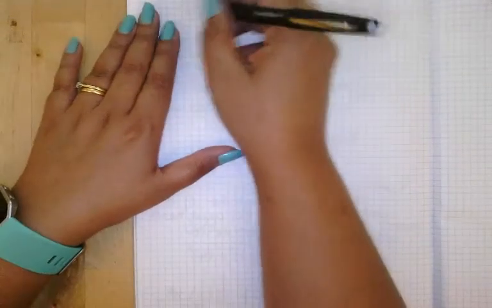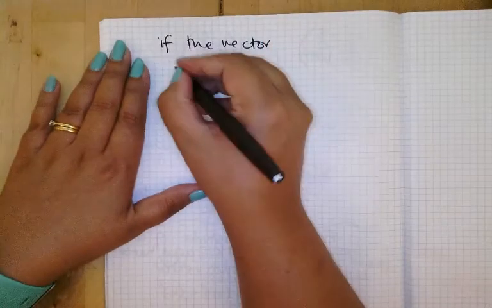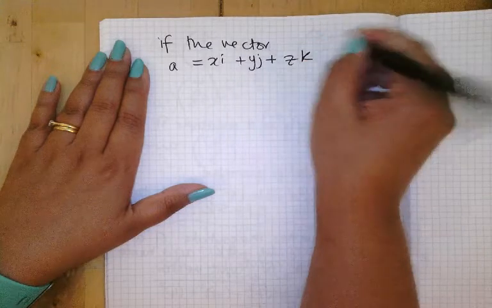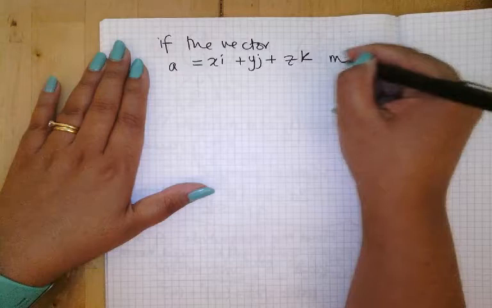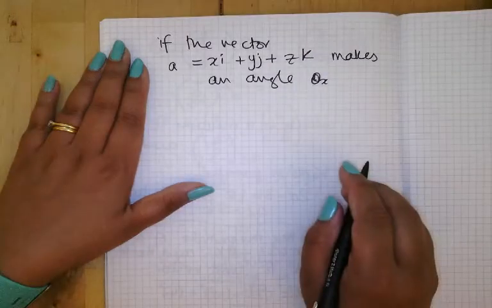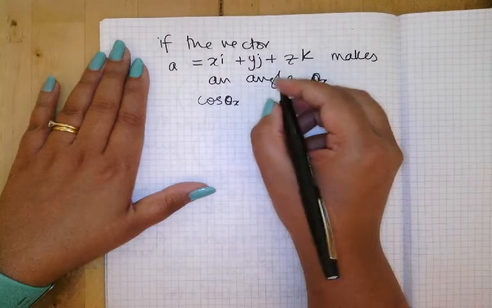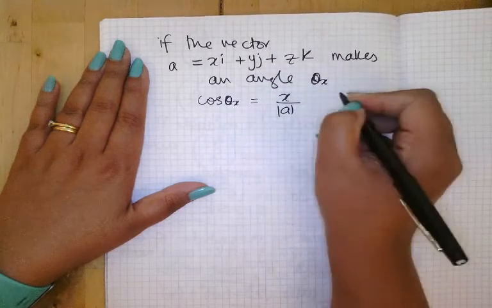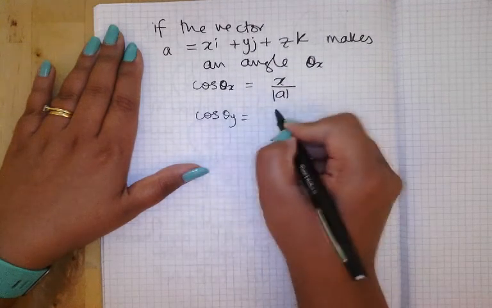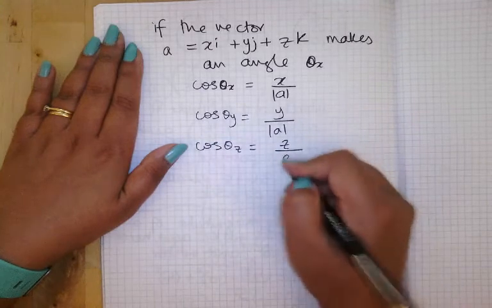So it says if the vector A is equal to xi plus yj plus zk, and if this makes an angle theta x with the positive x-axis, then cos theta x is equal to x over mod A. And similarly for the angle with y, it's obviously going to be y over mod A, and for z it'll be z over mod A.